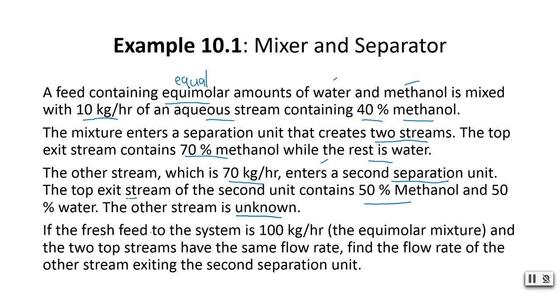If the fresh feed to the system is 100 kg per hour, this is the equimolar mixture, the first sentence here, and the two top streams have the same flow rate. Find the flow rate of the other stream exiting the second separation unit. Based on this question, you can see there are a few processes involved.